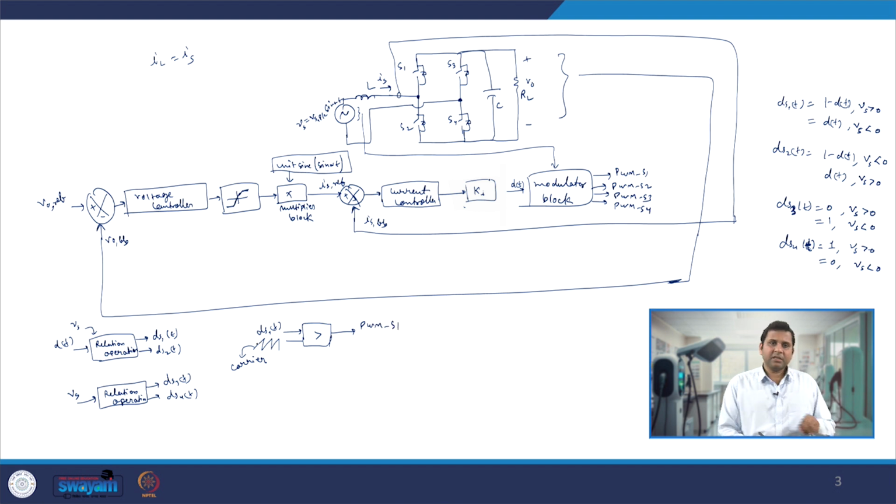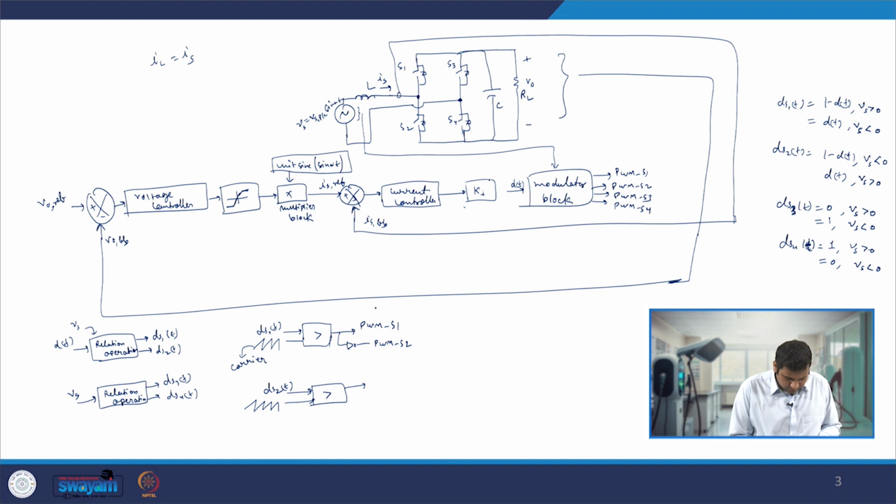You can also take dS2 of t, or you can generate it from here itself, and generate PWM S2. Similarly, you can use the same comparator block with dS2 of t, and you can compare it with the carrier. Taking dS2 of t is not a problem, so you can just write dS2 of t for PWM of S2.